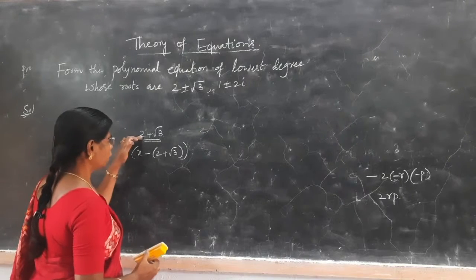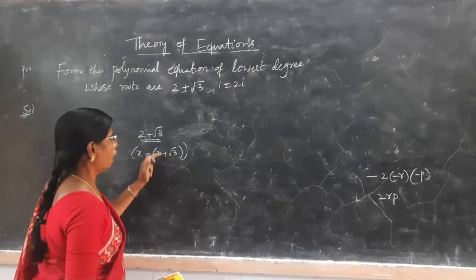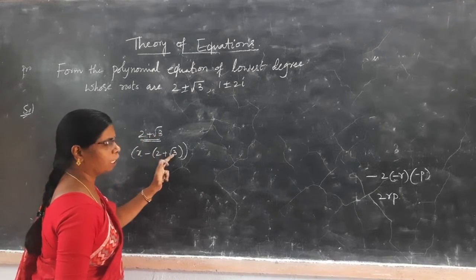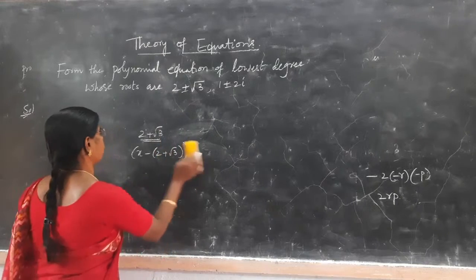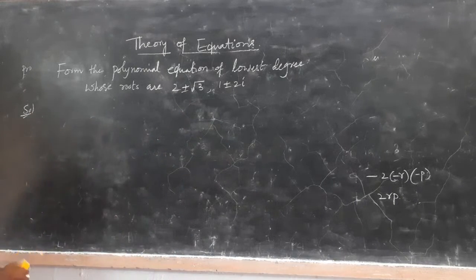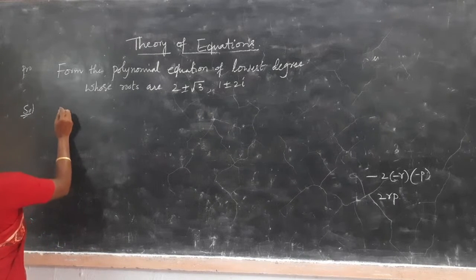When a is a root, x minus a is a factor. Similarly, for 2 minus root 3, x minus (2 minus root 3) is also a factor. So we have the 4 factors of the given polynomial.